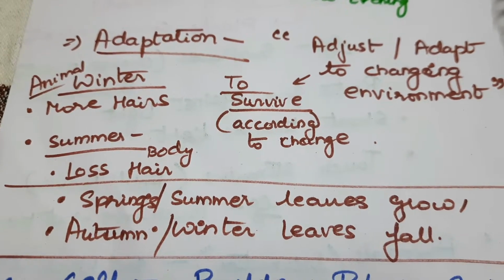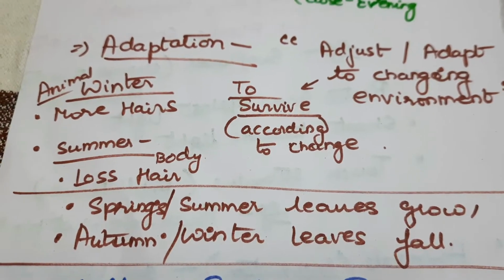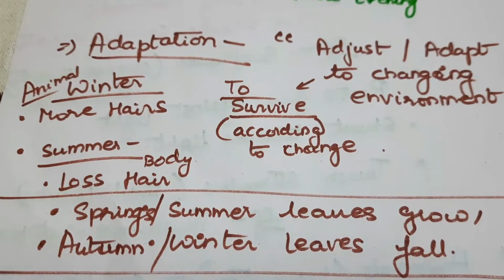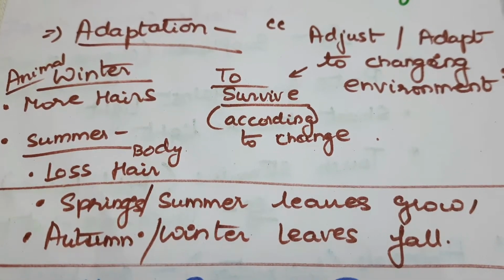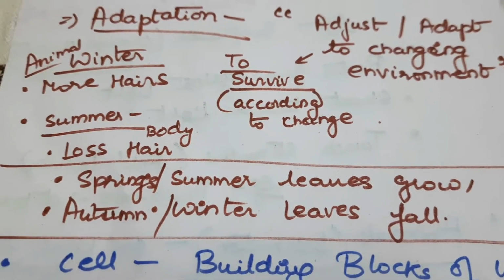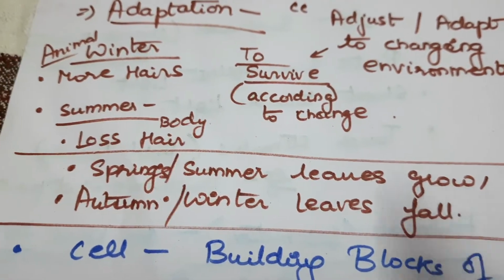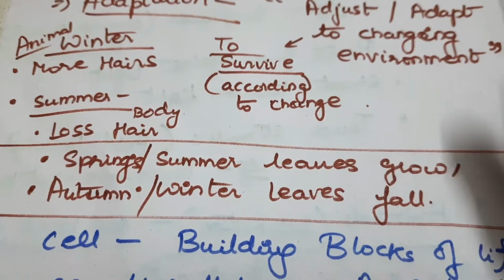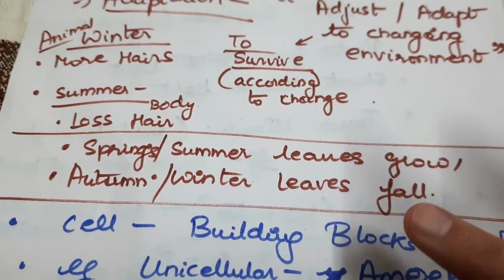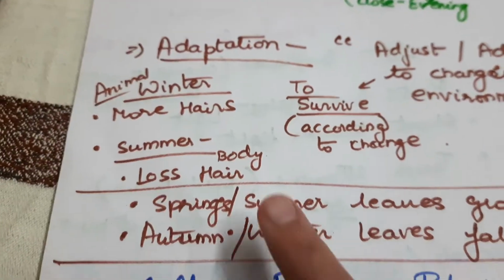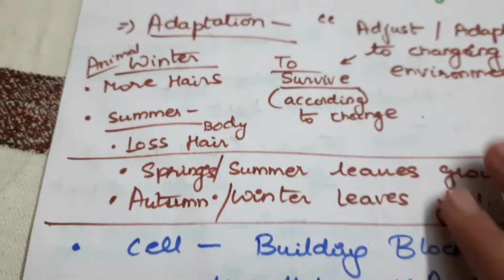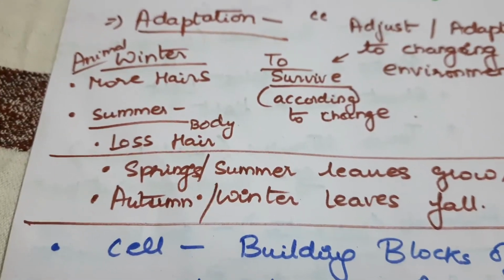In spring and summer, the leaves grow and the flowers bloom, but in autumn and winter the leaves fall and there is no blooming of flowers, or it depends on the plant. If the plant is kharif or rabi, a winter crop or a summer crop, it depends on that. Summer is different from winter, and spring is different from autumn. So these are the adaptations according to the season and climate.